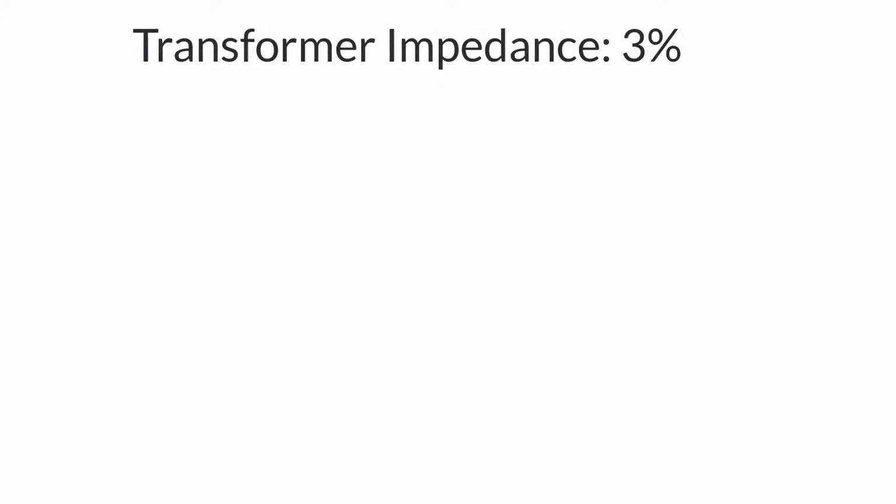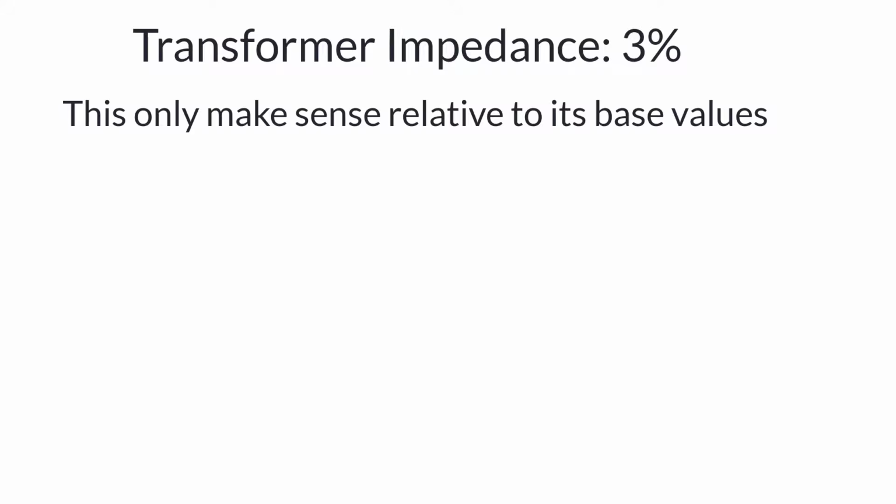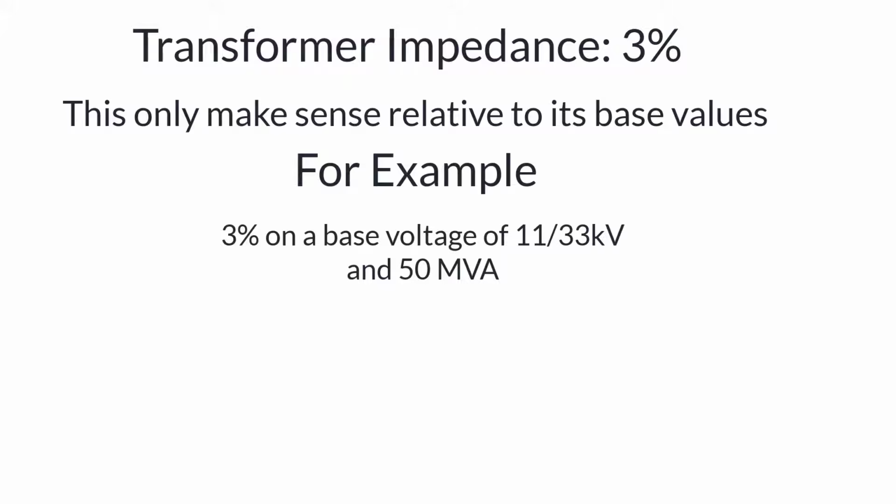Let's see how. Let's say we have a transformer impedance of 3%. Now, the first thing to realize is this only makes sense relative to its base values. For example, you would always say something like the transformer impedance is 3% on a base voltage of, for example, 11 to 33 kV and 50 MVA.